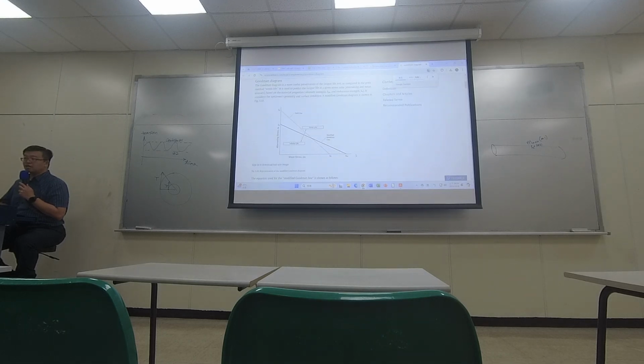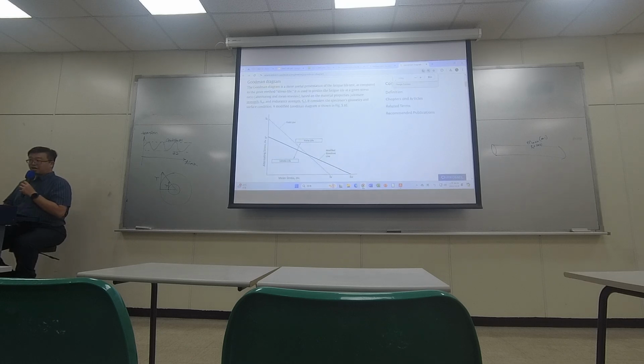So this is exactly what I told you from yesterday. Sorry. The dash line is the yield line, right? From yield strength to yield strength.